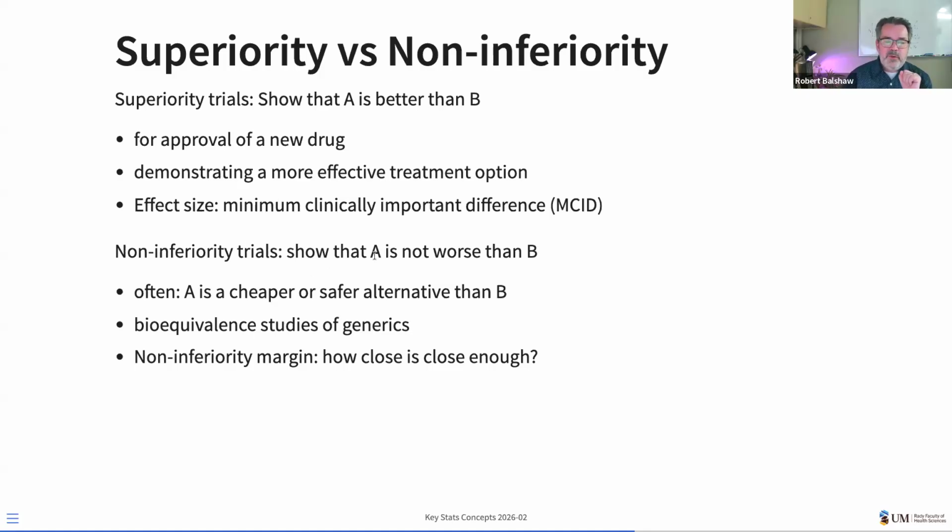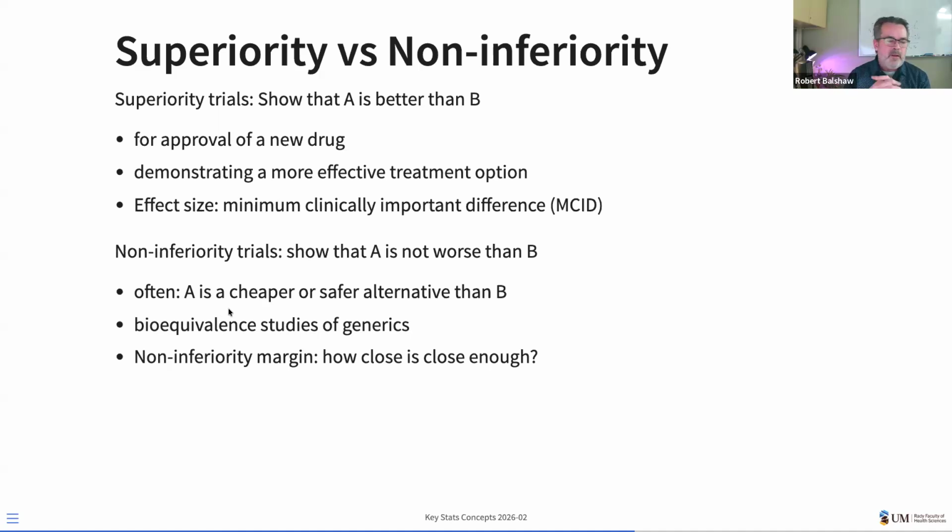In a non-inferiority trial, our goal is to show that intervention A is not worse than B. It's not inferior to B. And that's usually in the context of something like the new option A, intervention A, is a cheaper or safer alternative than B. And we want to demonstrate that it's just as good as, or close enough for government work. And that idea of A being not worse than B. Okay, and famously in the bioequivalence study of generics, right?